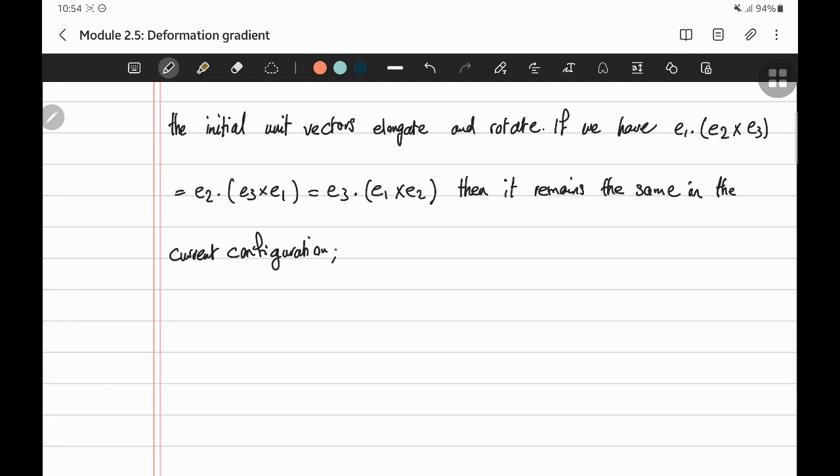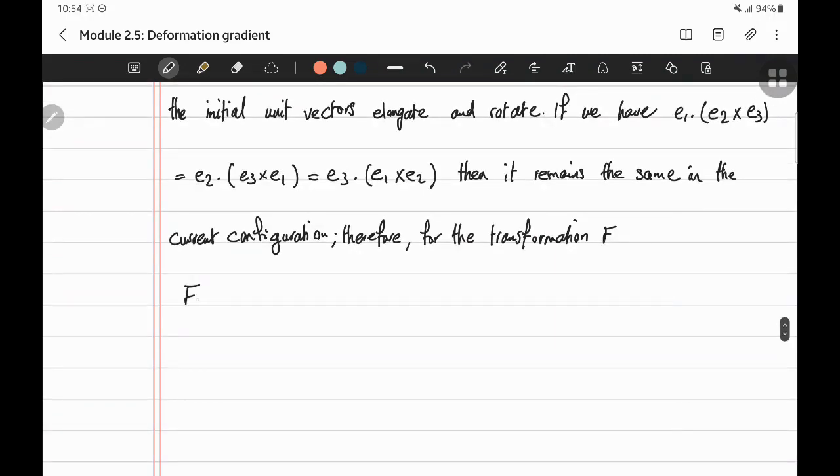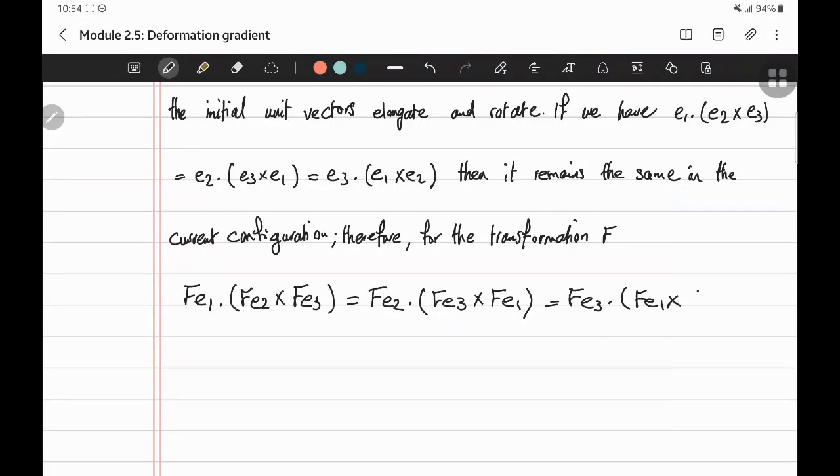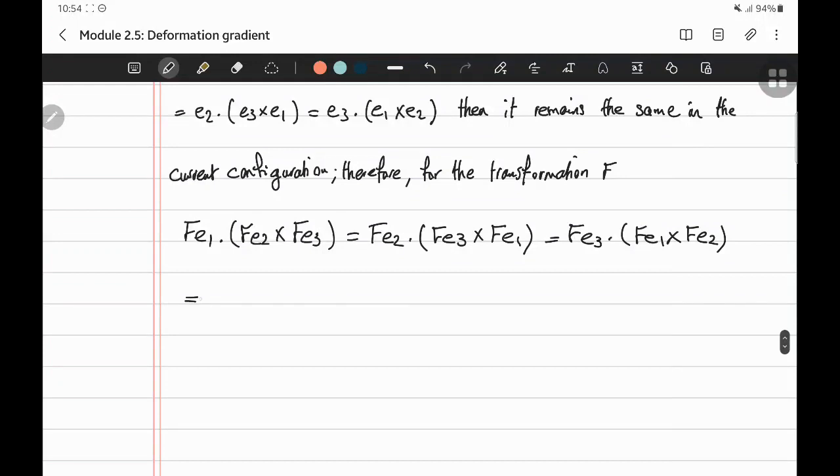Therefore, for the transformation F, F e1 dot F e2 cross F e3 is equal to F e2 dot F e3 cross F e1 is equal to F e3 dot F e1 cross F e2, which is equal to the determinant of F, which is always positive.